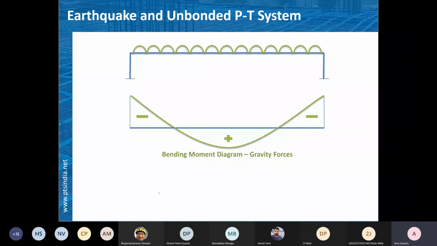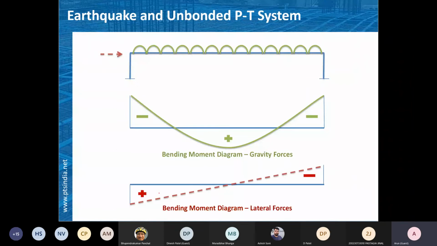This kind of profile is there for gravity actions, that is vertical downward. When there is a sway or horizontal thrust from either end, the bending moment diagram will have this kind of nature, right?